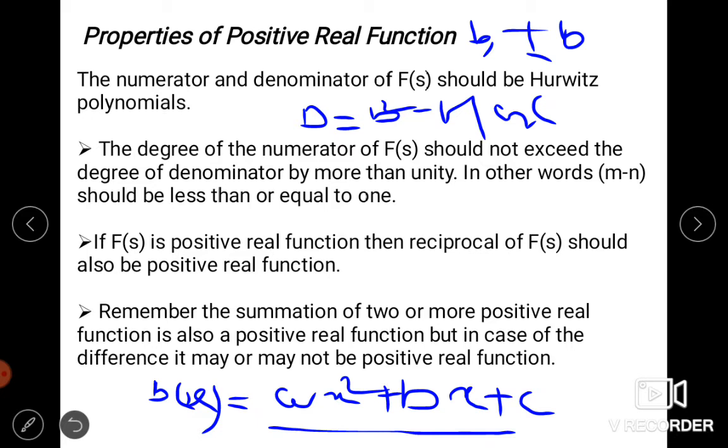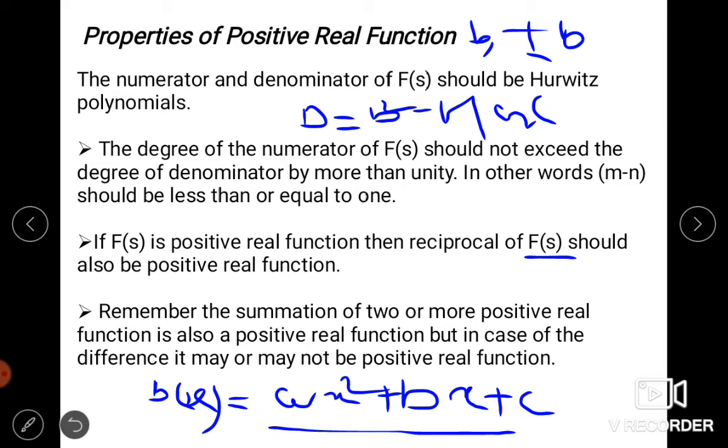And if we interpret the positive and real function, what does the positive real function mean?